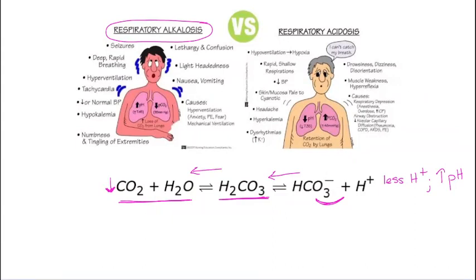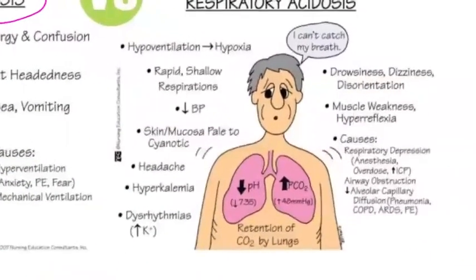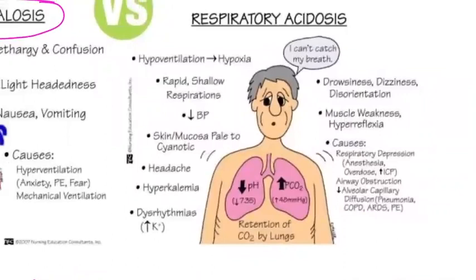When it comes to respiratory acidosis, as you can see here, this person is undergoing what is called hypoventilation. Hypoventilation basically means that you're trapping that CO2 inside of the body.